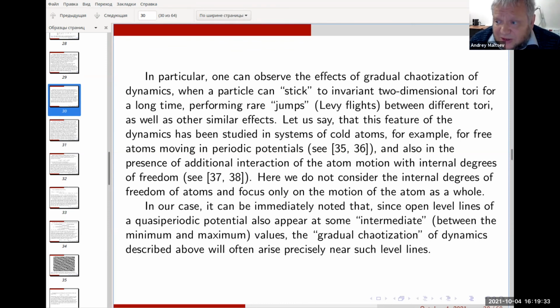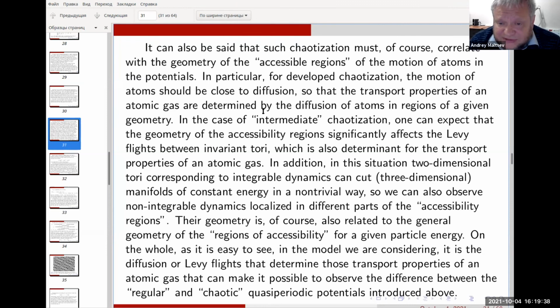So because of that, we numerically investigate here the dynamics of an atom in different potentials, and what we are going to show is below.